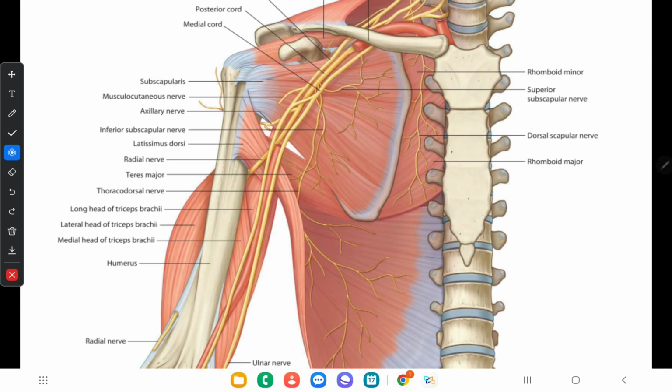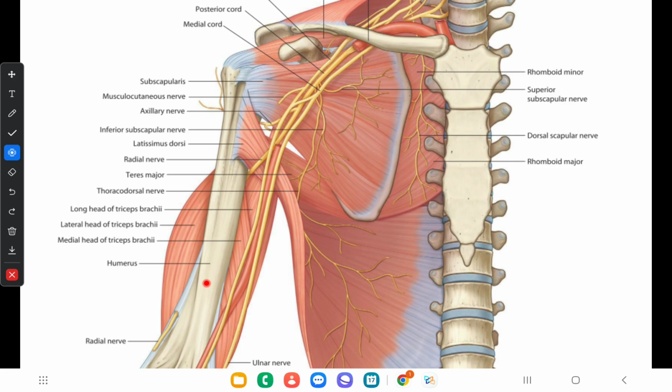In the axillary region, the radial nerve gives off three branches. One branch goes to the long head of the triceps muscle. You have the triceps muscle in the posterior compartment of the arm. Then the radial nerve gives a branch to the medial head of the triceps muscle, as well as the posterior cutaneous nerve of the arm.